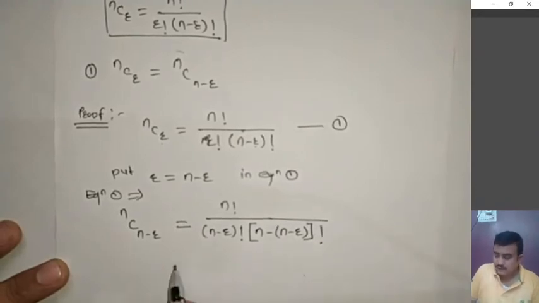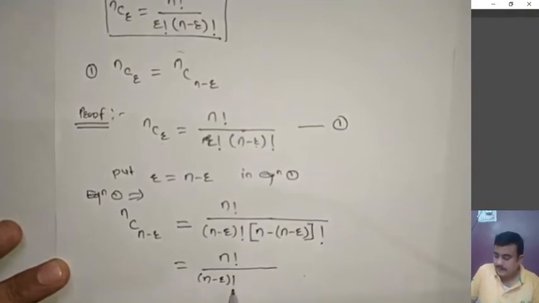While solving this, we get n factorial divided by (n minus r) factorial.